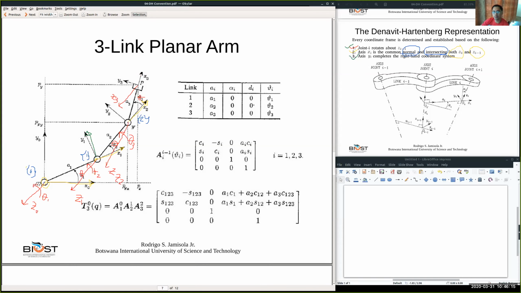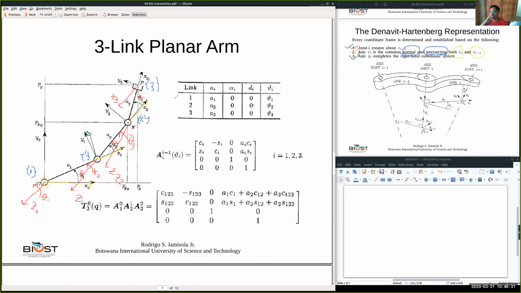So now we completed all the requirements for the origin of the reference frame, and we say that this is now frame 3, and that is its origin, and we have identified it.